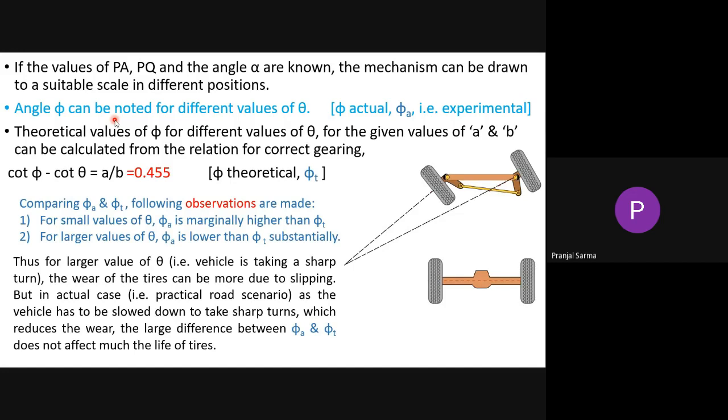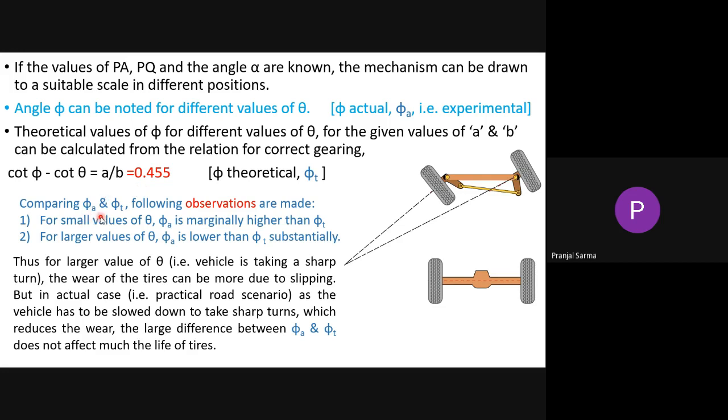Generally, if you use the fundamental equation of correct gearing, that is, cot phi minus cot theta equals a by b, it generally lies within the value of 0.455 for an Ackermann steering gear mechanism. Now, we are saying that the theoretical value will be there, and practically, by experimentation, we can also get something.